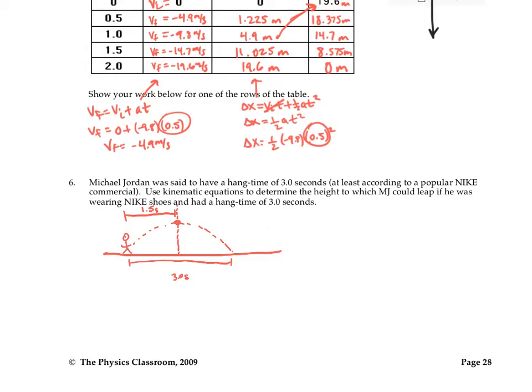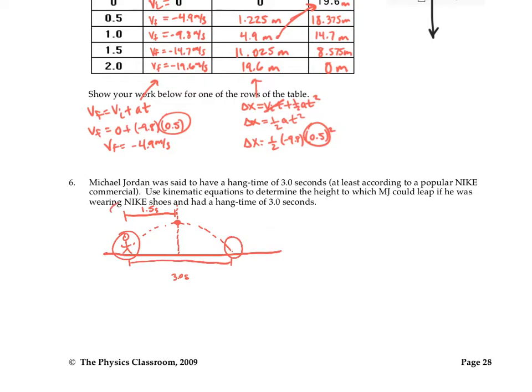And that's only the case if your starting and ending heights are the same. So if you start on the ground, end on the ground, you can just divide that by 2. That gives you the time to the max height. The motion up to the max height and down from the max height are the same. They're just flipped. One's positive, one is negative.